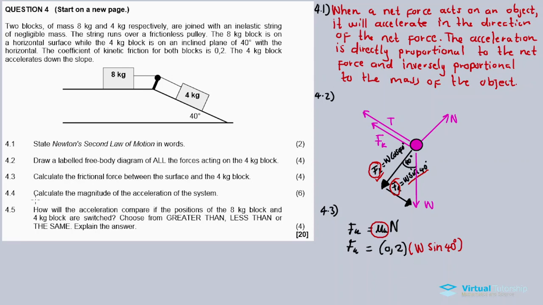In fact, here I need cos 40 degrees, not sine. I apologize for this. So here it is equal to 0.2, weight is 4 times 9.8 times cos 40 degrees.